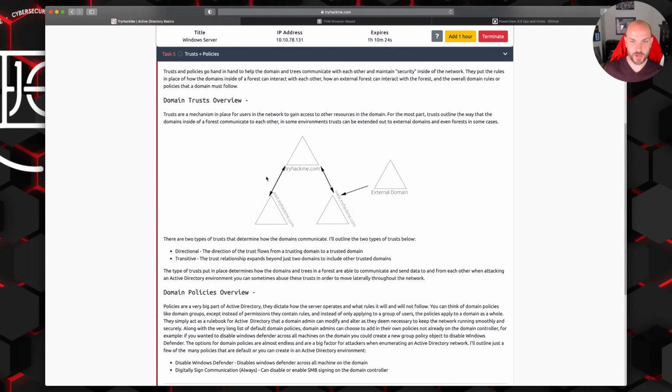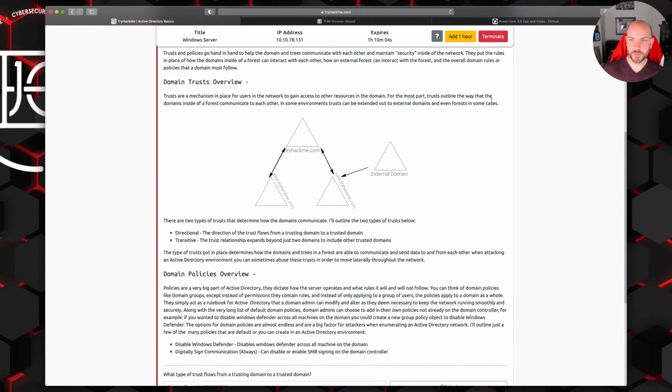Within the forest, you have these three domains. They have trusts with each other. There's an external domain outside of the forest that is able to access the forest and this domain, or it could be all of them, depending on how you have it set up. And trusts outline the way that domains inside the forest communicate with each other.